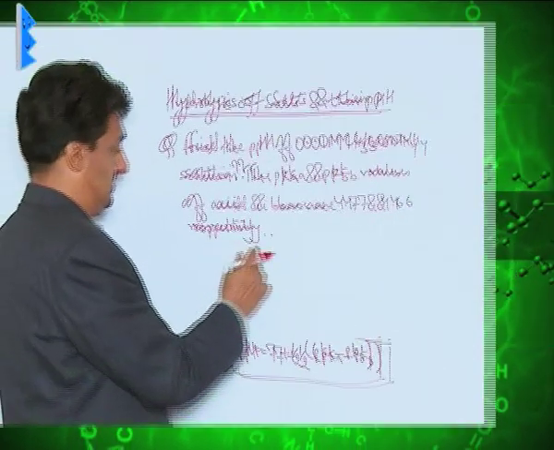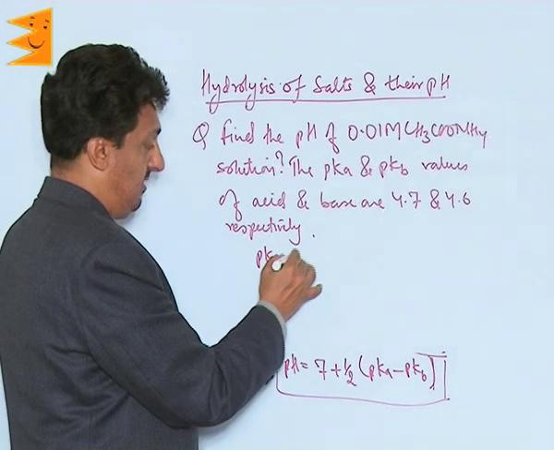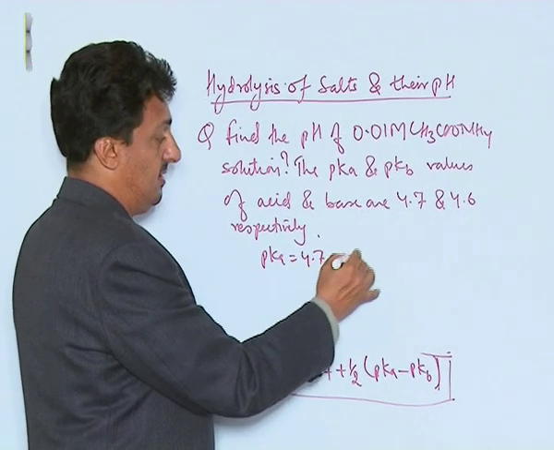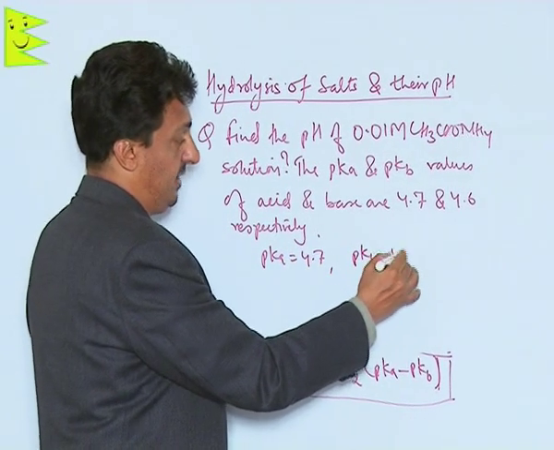So what we find is pKa is 4.7, pKb is 4.6.